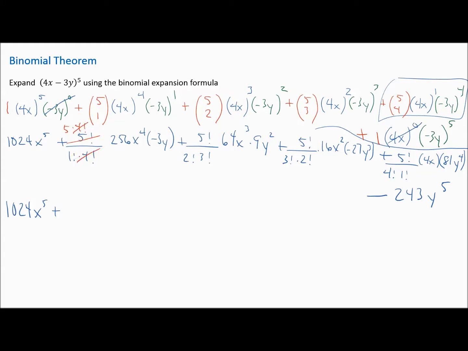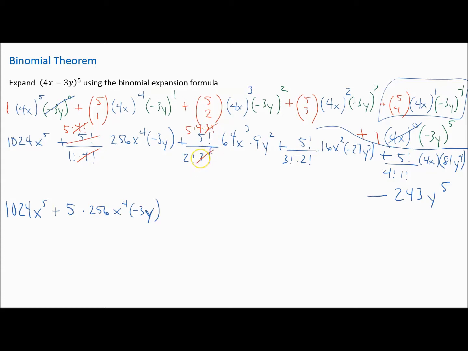Those 4 factorials cancel, and 5 divided by 1 is 5. So that's 5 times 256x to the 4th times negative 3y. We'll simplify that more in a minute. Now let's work on this factorial right here. 5 factorial I'm going to write as 5 times 4 times 3 factorial.